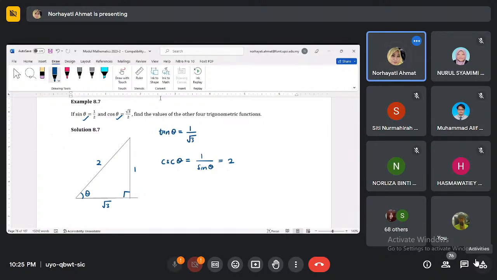Siti Aisyah? Ya, Doktor. Okay, Siti Aisyah untuk sec theta? 2 over root 3. Okay, sebab kita sec is 1 over cos, right? So we have sec theta is equal to 2 over square root 3. Okay, good, thank you.